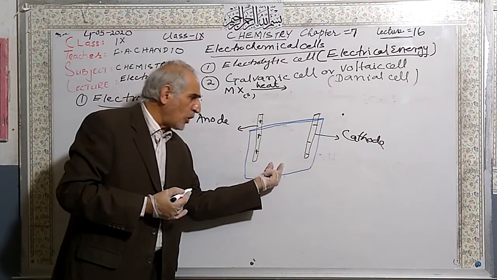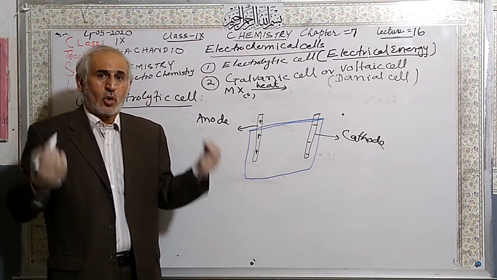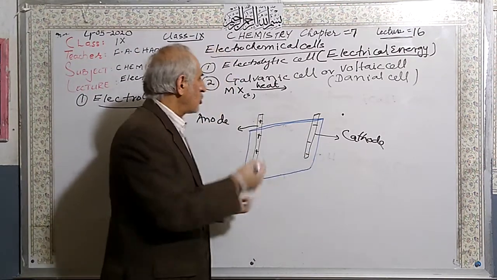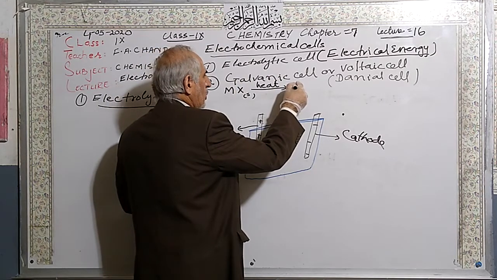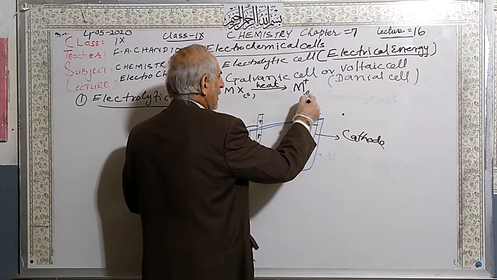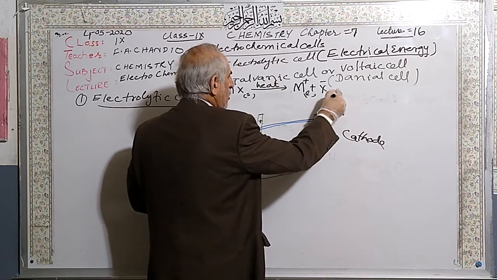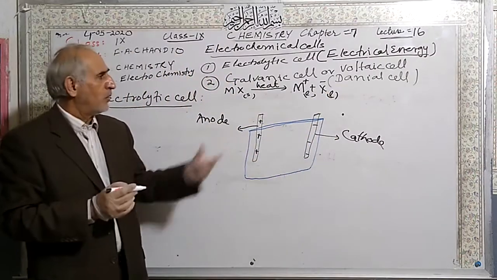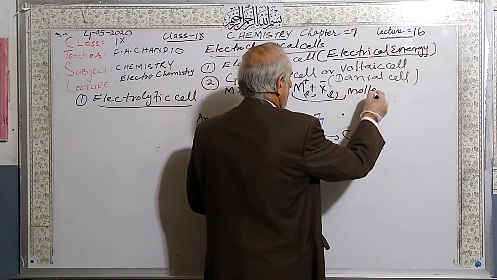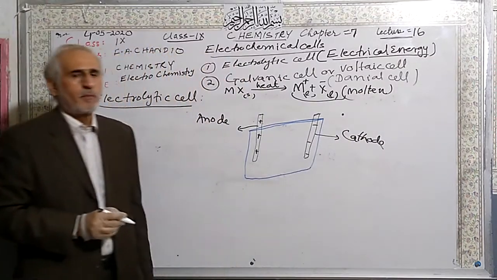So I put here molten salt, molten sodium chloride, molten potassium chloride. When I heat it, it is split into positive ions liquid and negative ions liquid. This is the molten form. This is a molten salt.